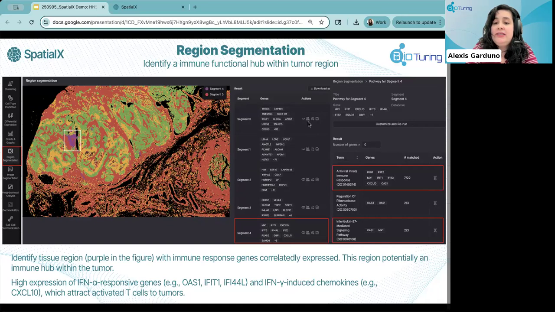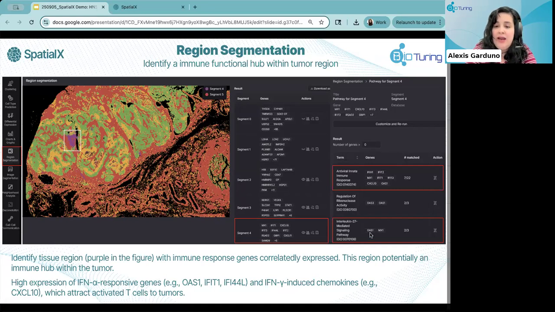You can visualize the AUCell score, and you can visualize the actual pathway that is driving that enrichment. In this case, within this purple region in the figure, we have very specific immune response genes that are correlated or expressed, potentially within the tumor region. We can also see a high expression of these IFN responsive genes.